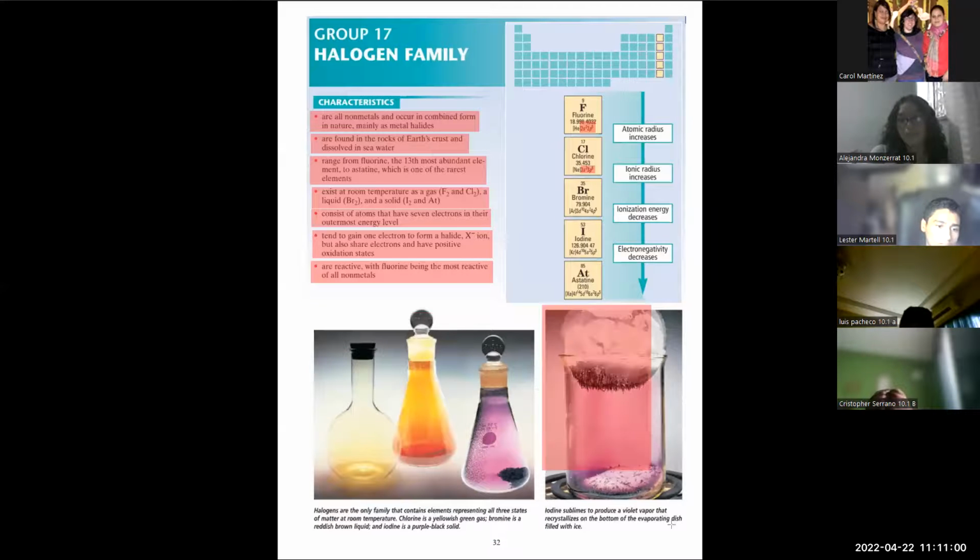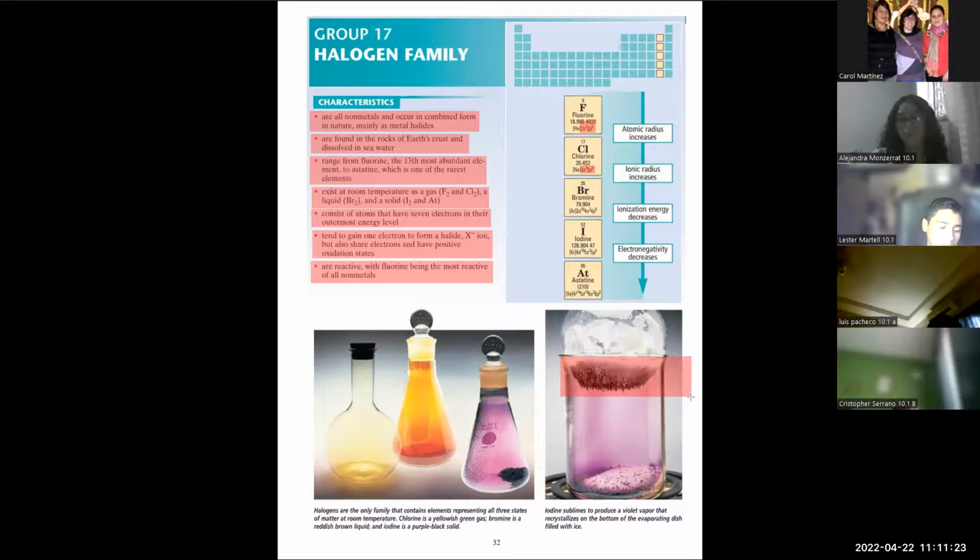And here is the video that I showed you the other day, the sublimation of iodine. Iodine sublimes to produce a violet vapor that recrystallizes at the bottom of the evaporating dish that is filled with ice. So this one is filled with ice to lower the temperature.